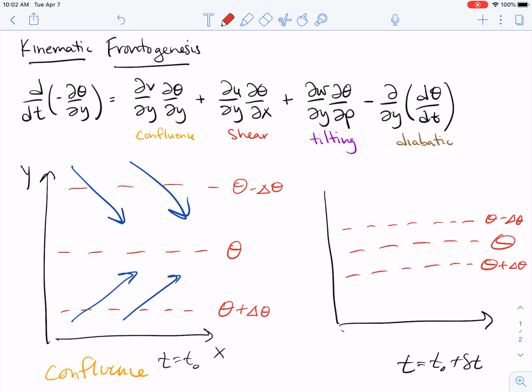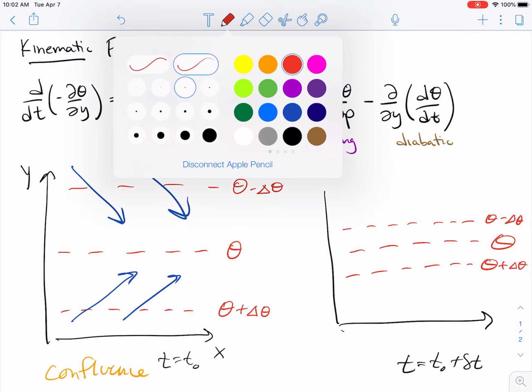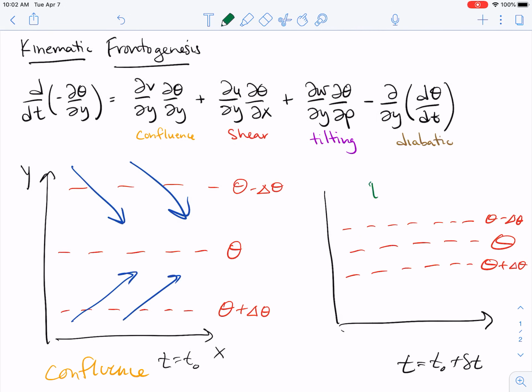And so in this situation, this process would be a frontogenetic process because we have increased the strength of our temperature gradient, right? The magnitude of our temperature gradient here, same change in temperature, but over a much smaller distance, such that this is frontogenetic.